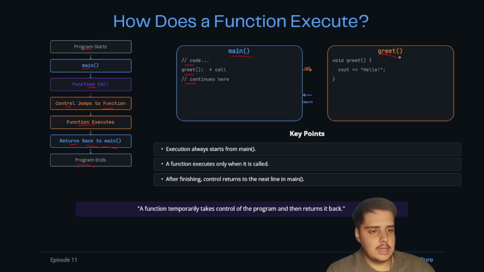And in the greet function, void greet, hello is given. So execution always starts from main. A function executes only when it is called, and after finishing, control returns to the next line in main. A function temporarily takes control of a program and then returns it back.